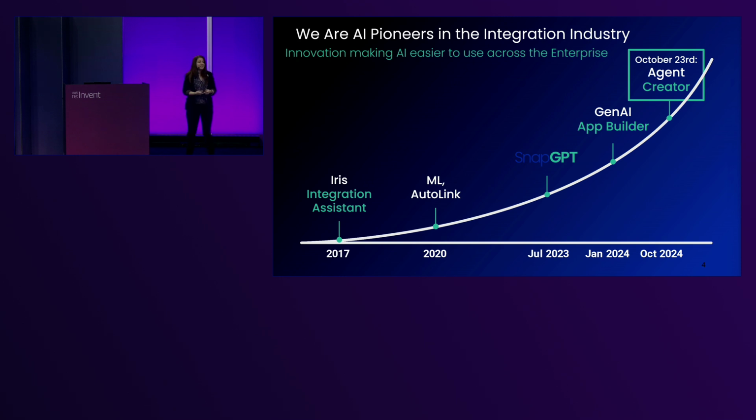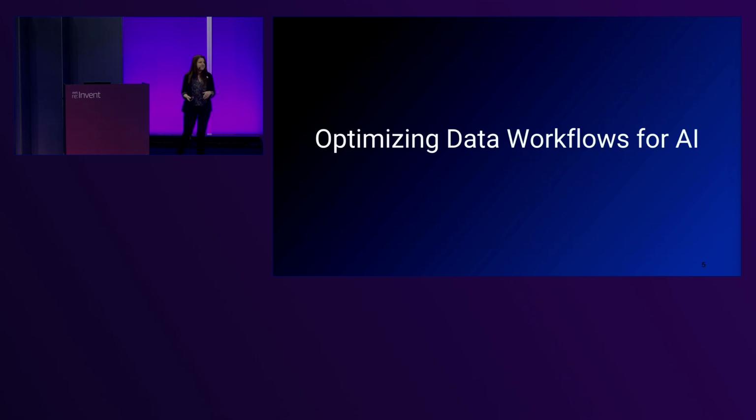Last year, we added SnapGPT, which was our first foray into utilizing Gen AI to help our customers. And then we turned around and took all of our learnings from that and built that into the product to help our customers be able to take advantage of Gen AI within their own products and business architectures.